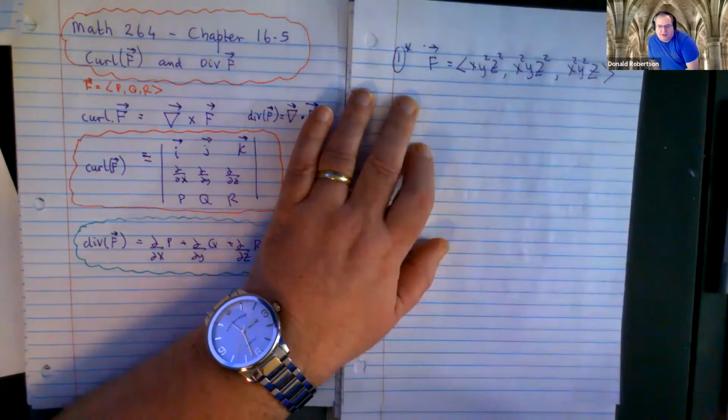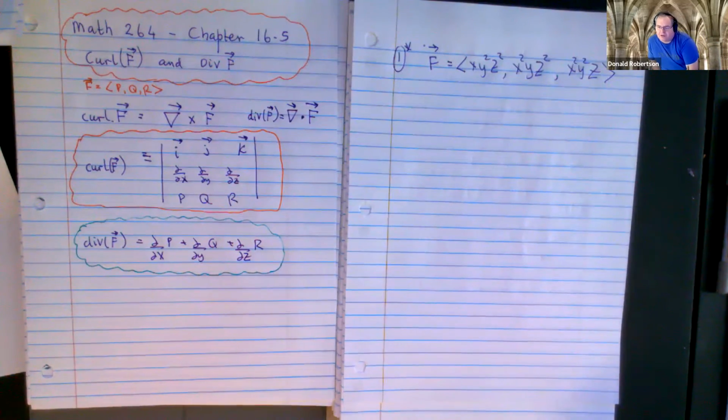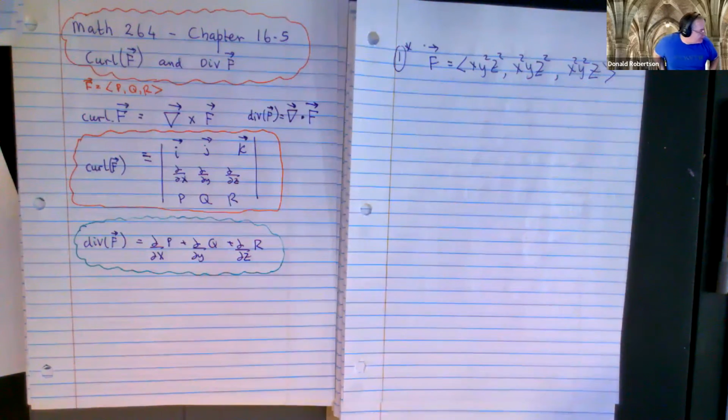Would you agree that that vector field has some kind of symmetry going on? I mean, it's not perfect symmetry, but there is a kind of symmetry going on. Do you think that's going to be a conservative field? What do you think? Things that have a lot of symmetry to them tend to be conservative fields. Not all of them, there are exceptions to everything, but the vast majority will be.